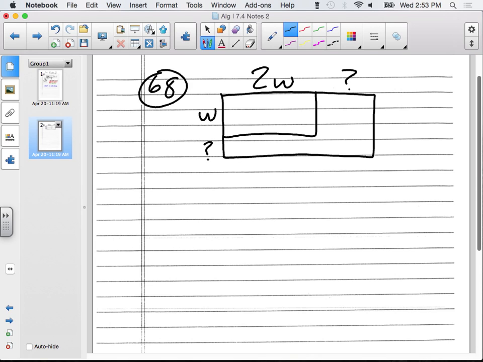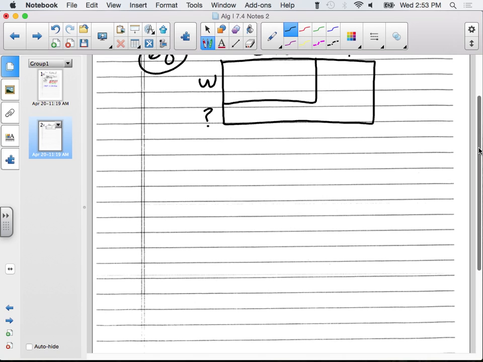So what other piece of information do they give us? The new garden's area, right? So new garden's area, what's that? 2w to the second power plus 7w plus 6.